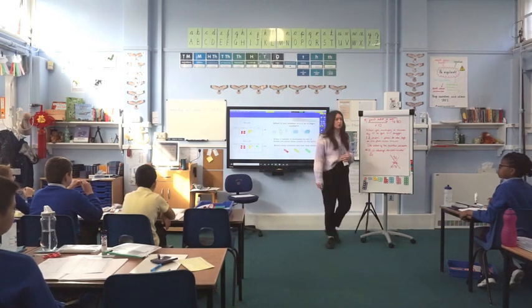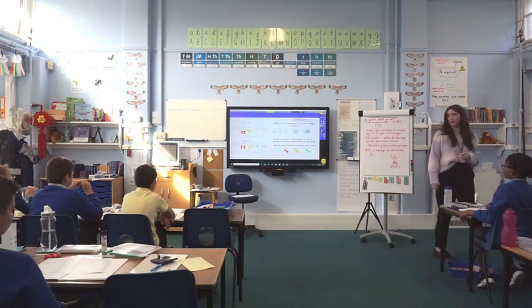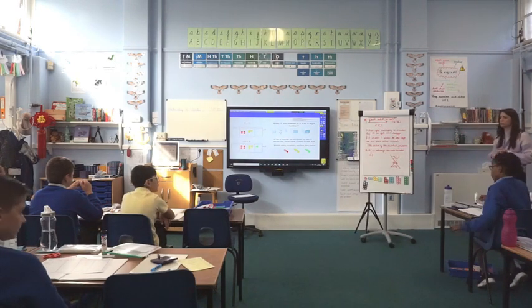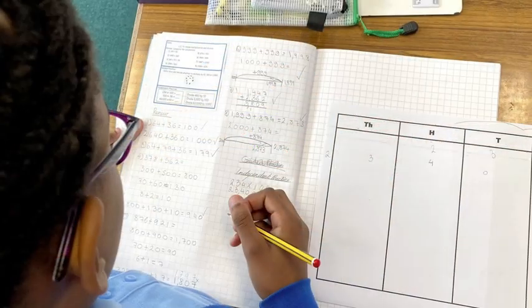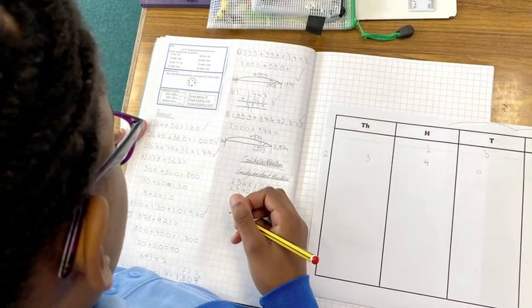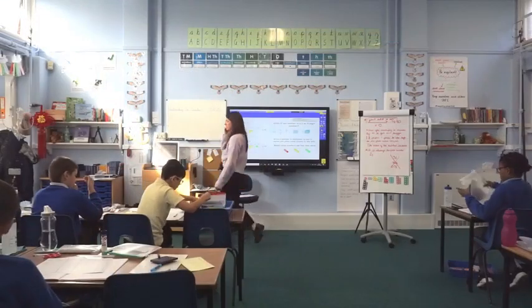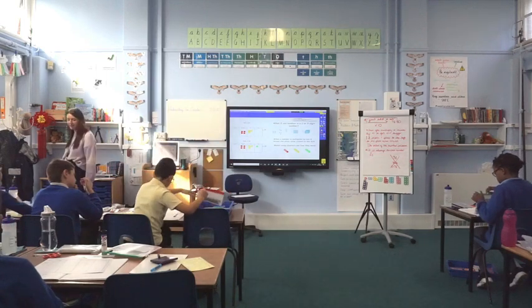If I've got 431 multiplied by 10, on your place value chart, your little yellow ones, show me what you're going to do to multiply that number by 10. How am I going to multiply 431 by 10?